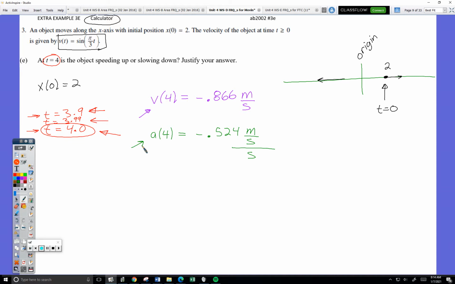The acceleration tells you how the velocity wants to change. Everything's changing simultaneously and instantaneously, so it doesn't really unfold in a simple manner, but this is the best way to think about it. My velocity right now at time 4 is negative 0.866 meters per second.